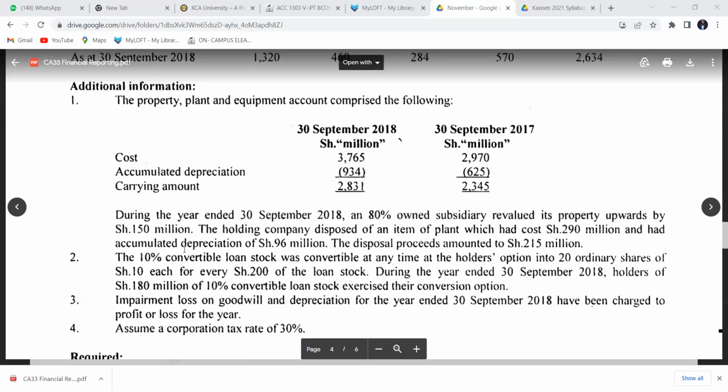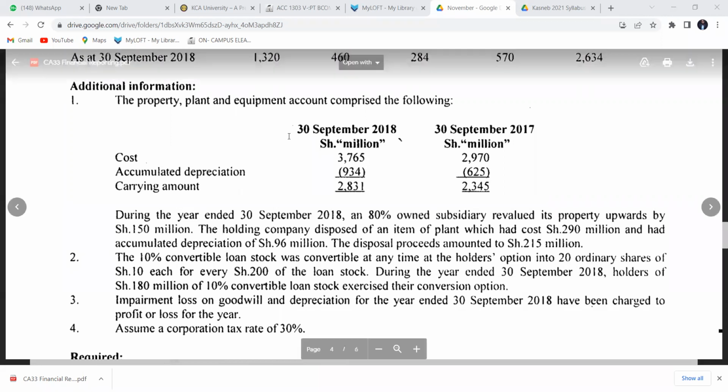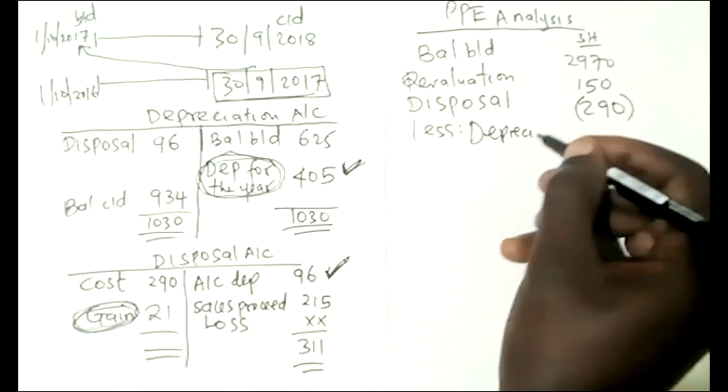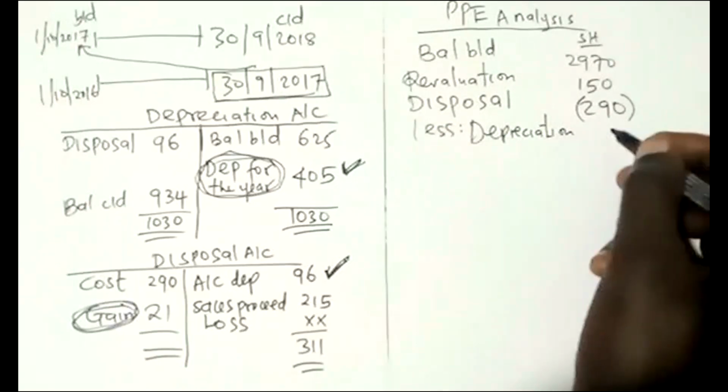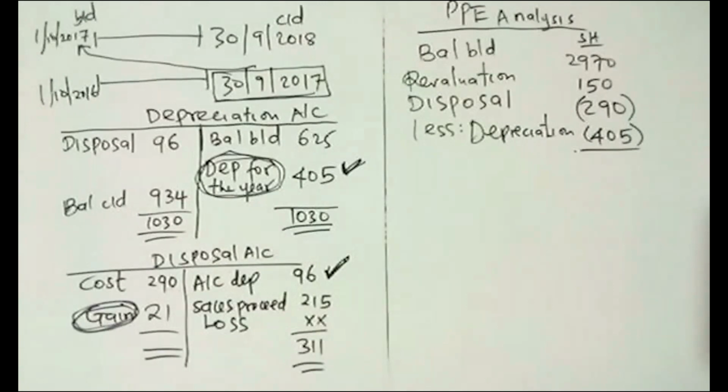Then after that, note 2 was all about loan stock. Note 3 is impairment. Note 4 is corporation tax. So the only thing I have to raise here again is the depreciation which we have determined. Depreciation of 405, because it would have to reduce the value of the asset. So 2970 plus 150 minus 290 minus 405.